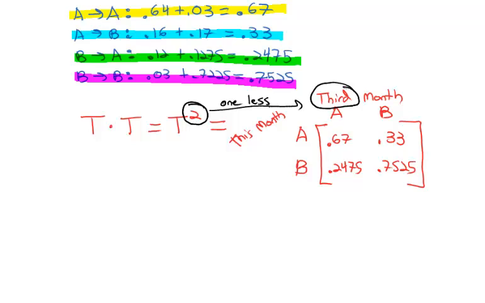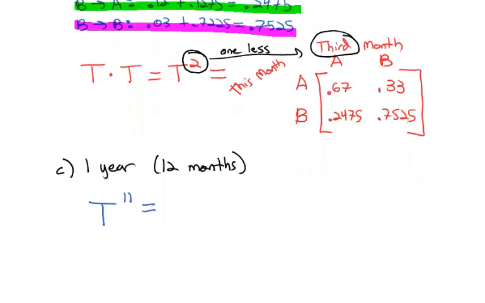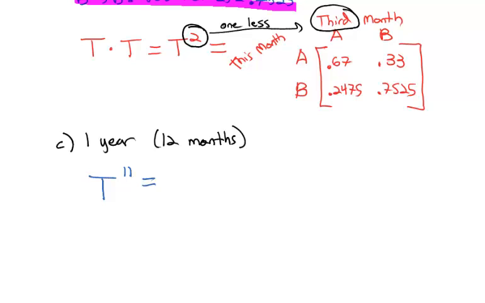So the exponent is 1 less than the goal. So if I want to know what happens after 1 year with this company, that's 12 months, we just take the transition matrix to the 11th power. Again, the exponent is 1 less than we're looking for.